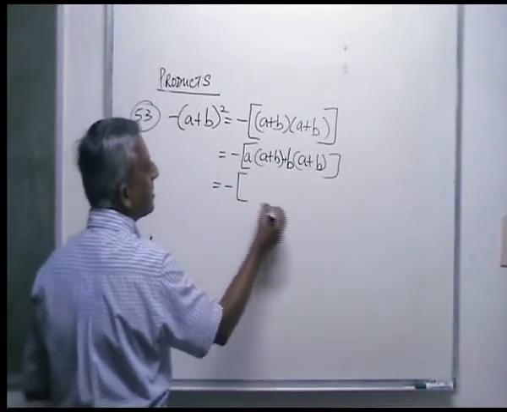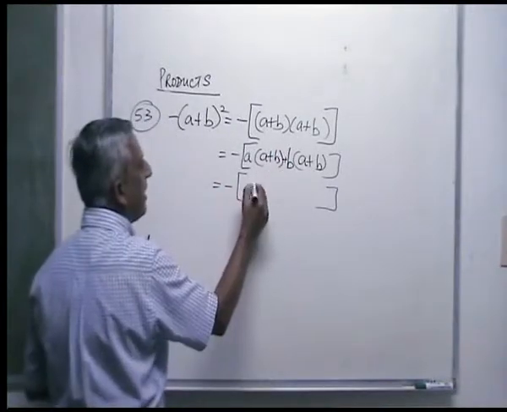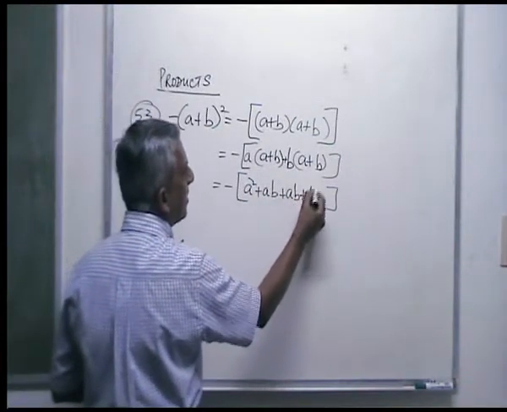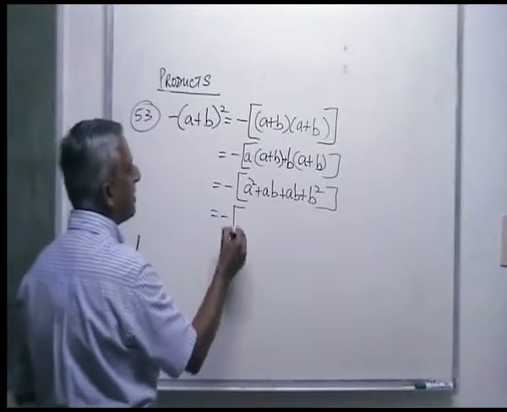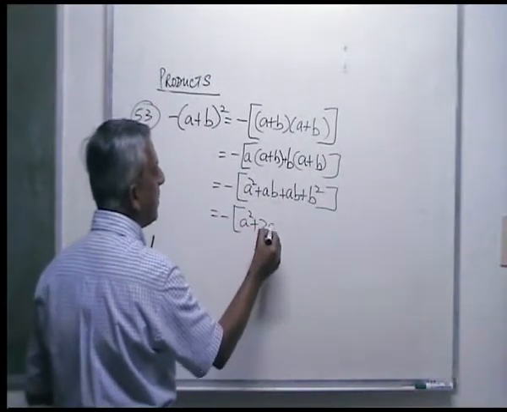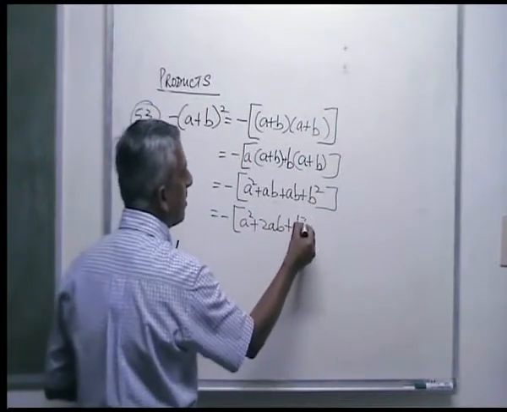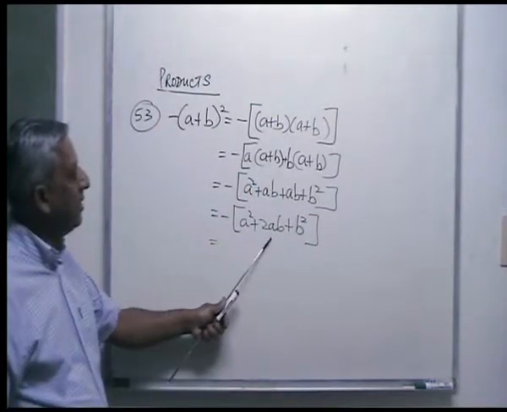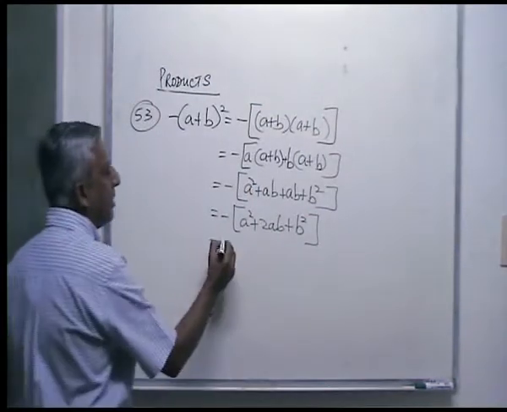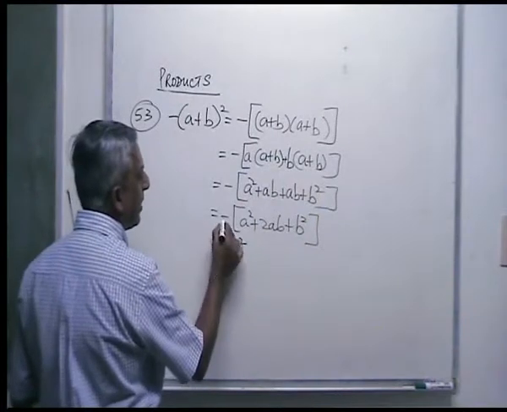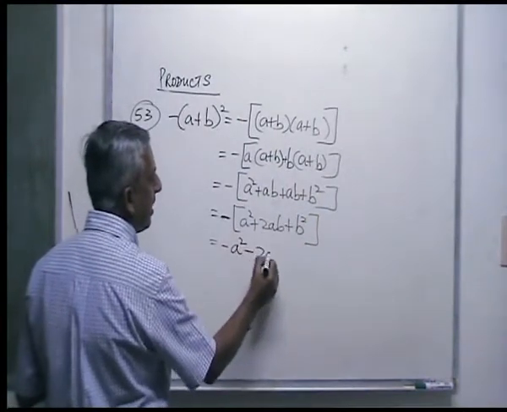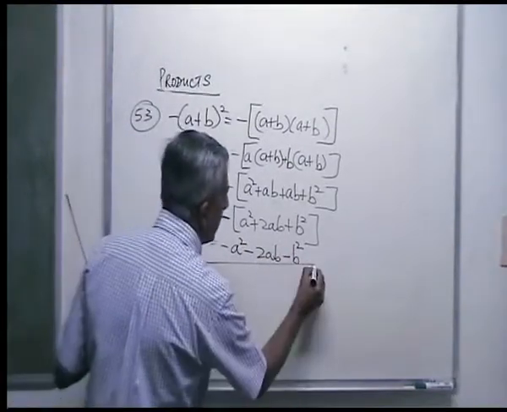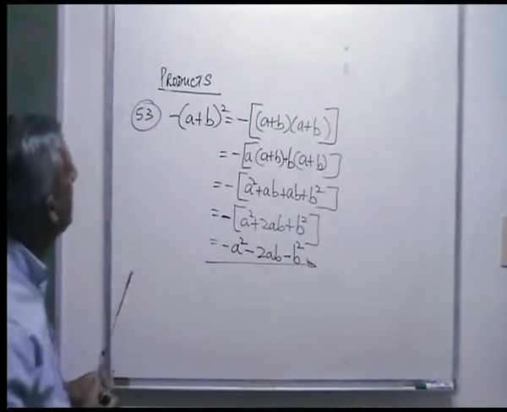So there's your minus. A times a is a squared, plus ab plus b squared. That's minus into a squared plus 2ab plus b squared. Right, we finished squaring. Now multiply by minus 1. So minus times that will give you minus a squared, minus times that will give you minus 2ab, minus times that will give you minus b squared. And that's your final answer for number 53.